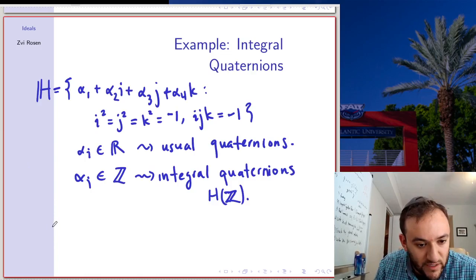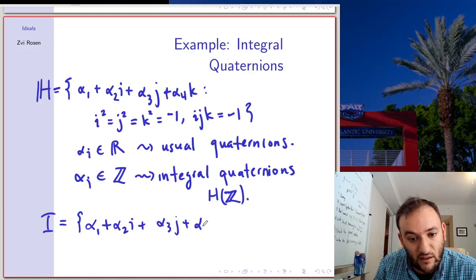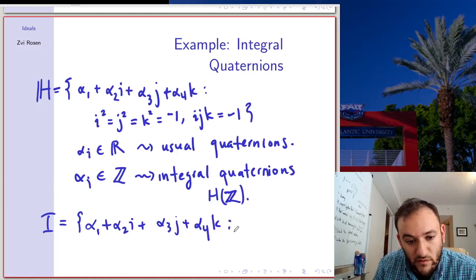So we're going to define an ideal in here as follows. We'll let this be the ideal I of alpha 1 plus alpha 2 i plus alpha 3 j plus alpha 4 k, where these are all integers such that p divides alpha i for some fixed p.